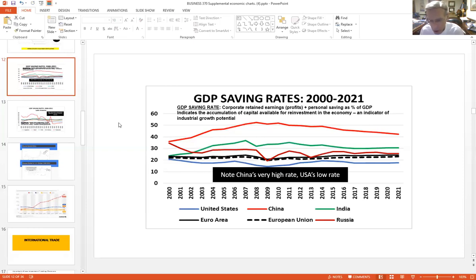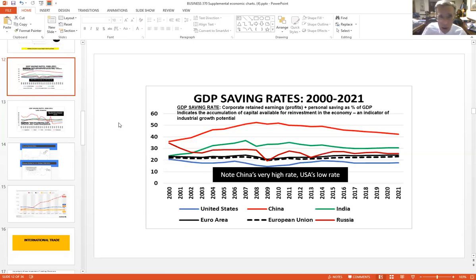And so we see the GDP savings rates on this chart of the US, China, India, Europe, the European Union, and Russia. And where do we see the saving rate the highest? It's in China, isn't it?